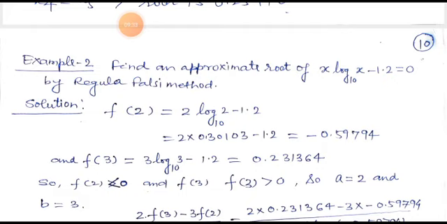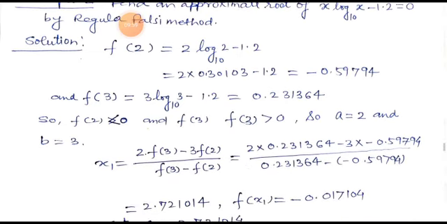So putting this value in the equation we get a negative value, that is minus 0.59794, and whenever we put the value 3 in the equation, f3 gives a positive value. So the root lies between 2 and 3, since f2 is negative and f3 is positive. So by the formula of the Regula-Falsi method, all conditions are satisfied.